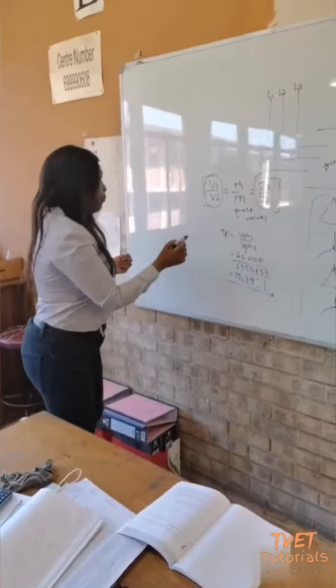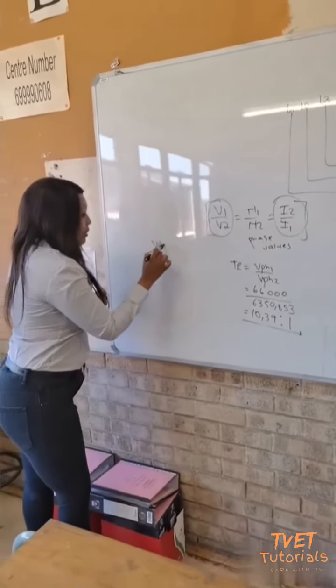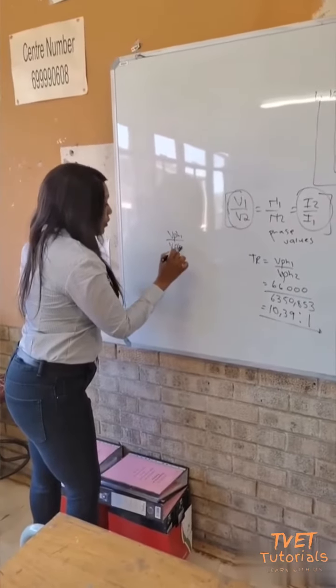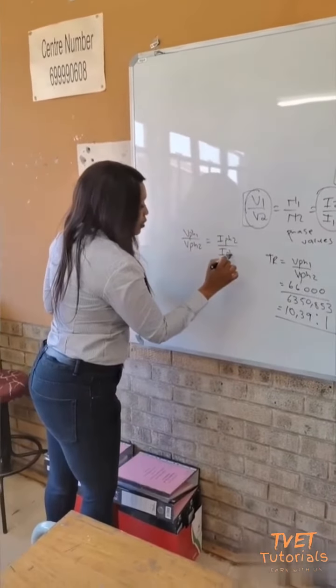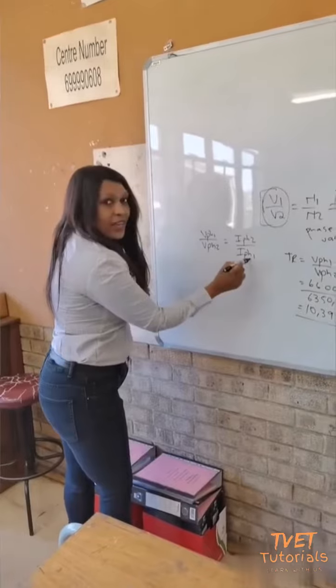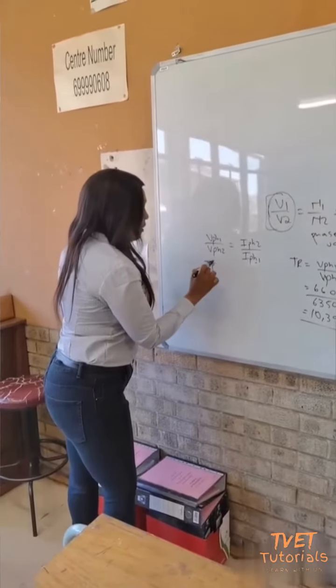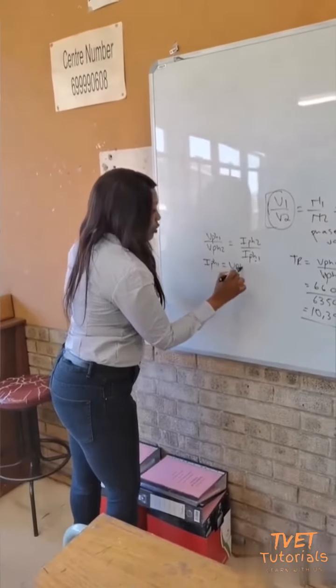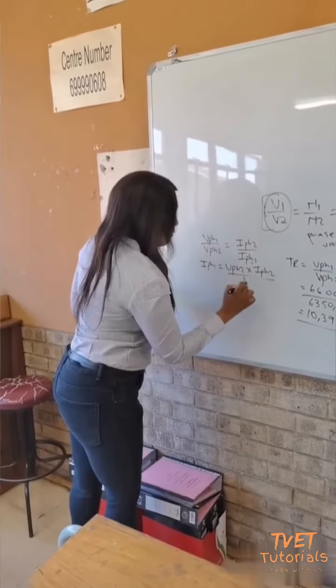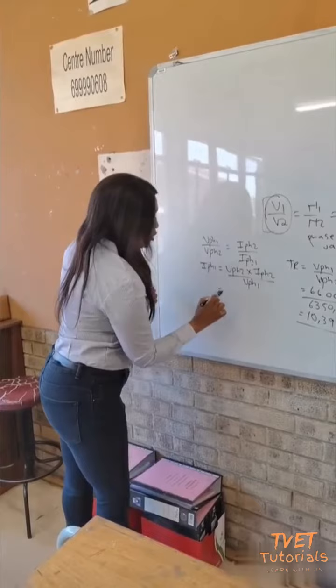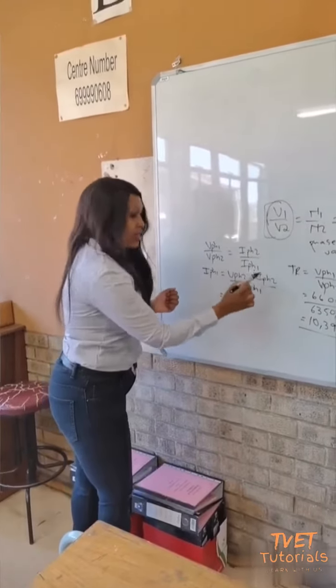So V phase 1 over V phase 2 will equal I phase 2 over I phase 1. We need to find I phase 1. So our I phase 1 will be V phase 2 multiplied by I phase 2, divided by V phase 1. We substitute because we have everything we need.